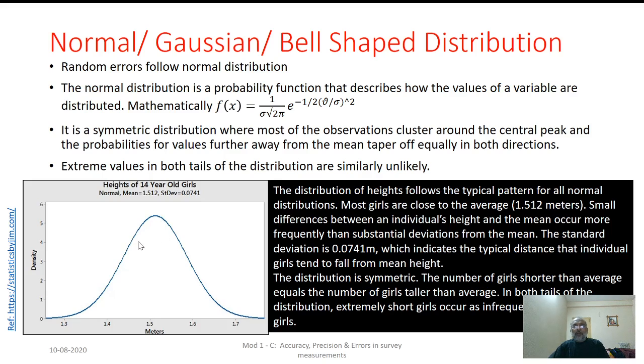As you see on either side, these small deviations with respect to the average height of 1.512 meters, say 1.5 meters or 1.52 meters, are occurring more frequently, whereas extreme measures like 1.3 meters or 1.7 meters occur only remotely.